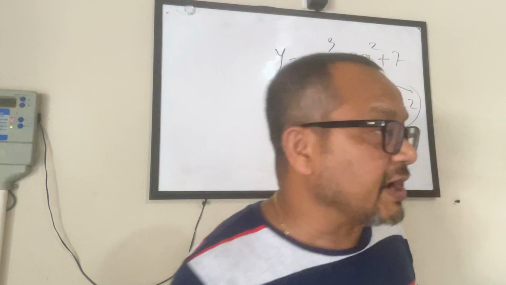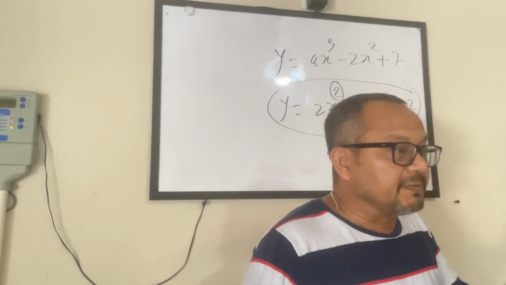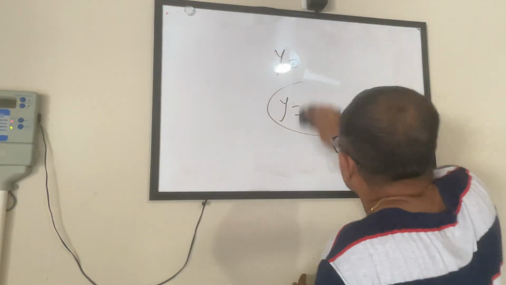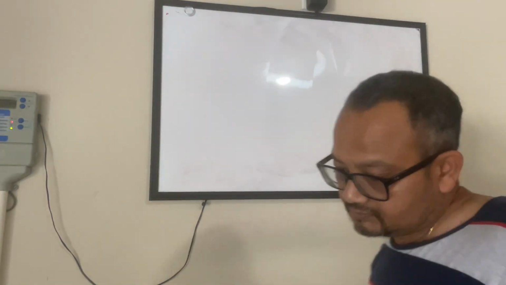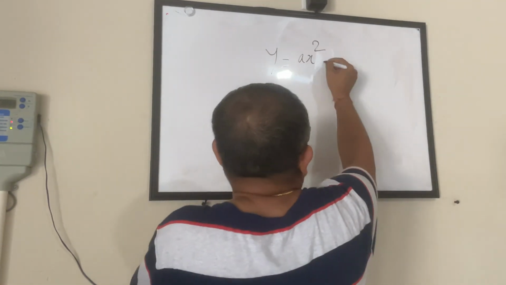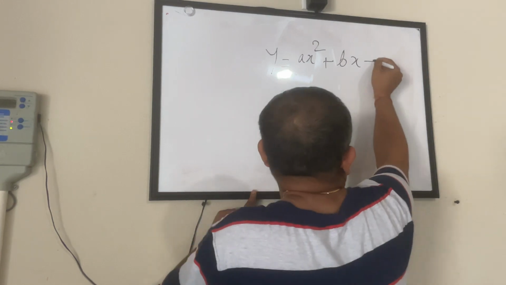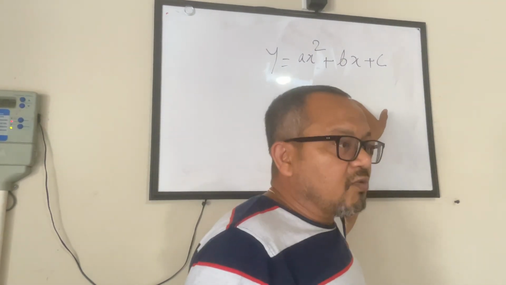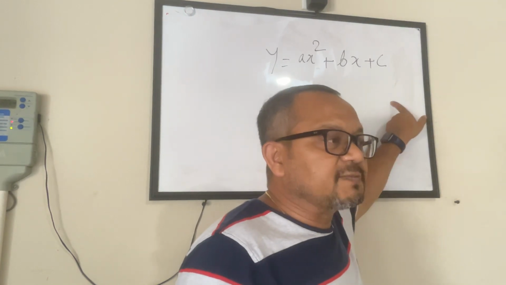Now, you can represent a quadratic equation in multiple forms. Let me write out those forms and then we will see. One very easy form that you guys would have seen 100 times before is called the standard form. y equals ax squared plus bx plus c.